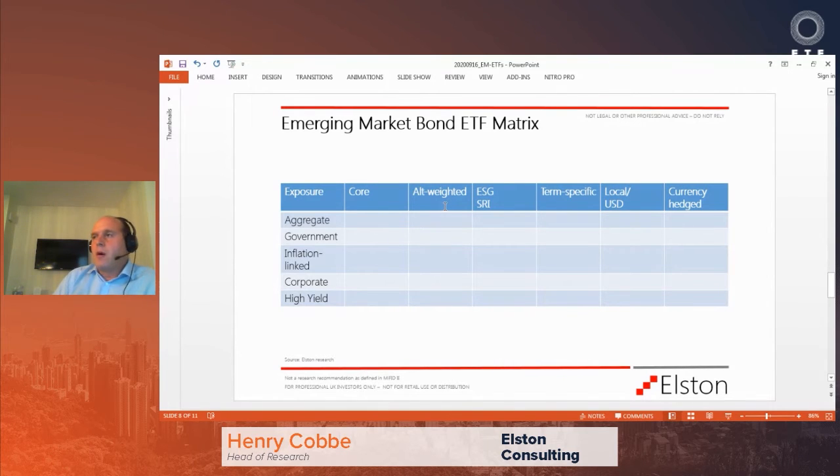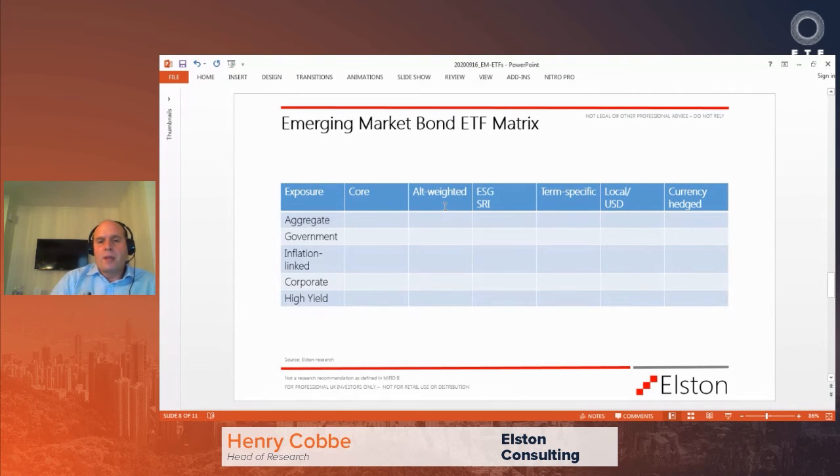In the developed markets, we have a huge amount of choice in terms of investment term, whether one wants to invest in 3-year, 5-year, 10-year treasuries or corporates. We don't have as much choice at the moment in emerging markets around term-specific, so expect a bit more innovation in that area. Obviously, a core choice is whether you're buying local debt or US dollar denominated debt from those issuers. And then there's the currency hedging question too.